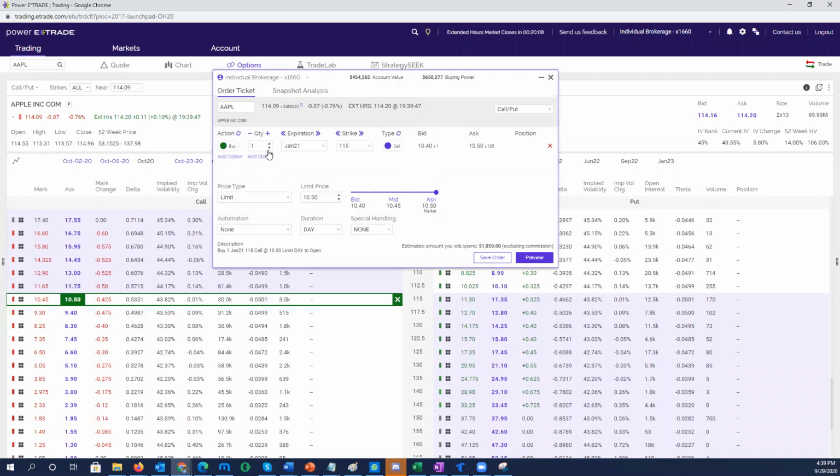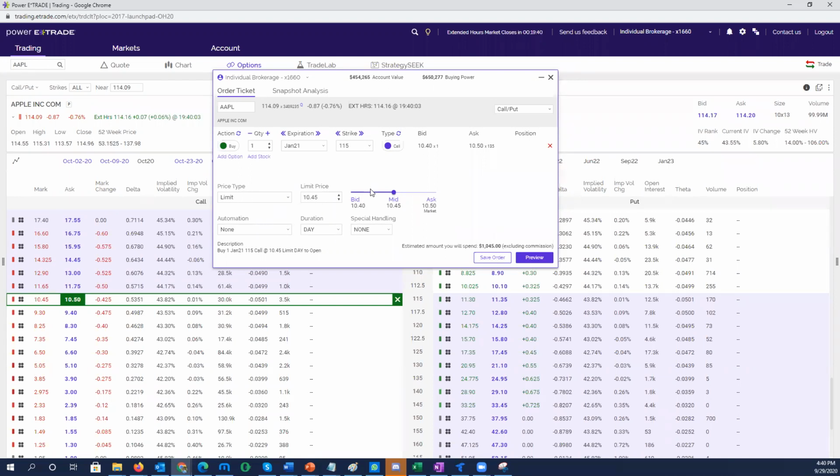Okay. So when this opens up, what happens? So how much are you paying here? 10.5 or 10.45. Okay. And you can say preview. So it's easy. Like buy one January 21, 115 strike. This one 10.45 day order. Okay.